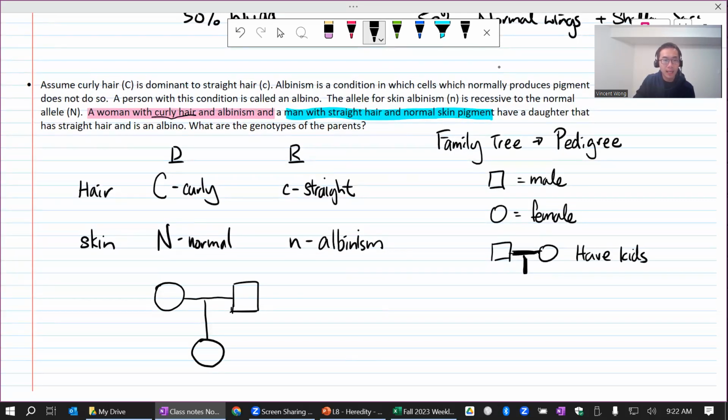So for the woman, I know she has a big C. But at this point, I don't know if she's big C, big C, or big C, small c. Curly hair could be homozygous or heterozygous. We don't know, so I'm going to leave it blank. And then for the skin, it is albinism. Albinism is recessive. That must be little n, little n.